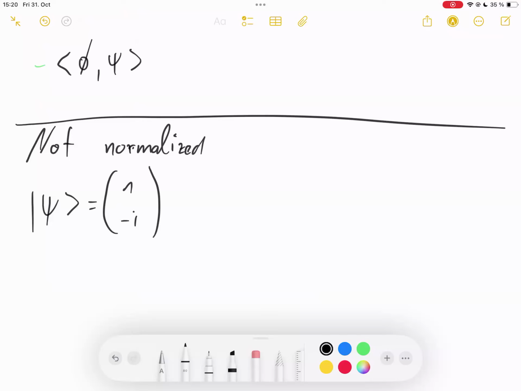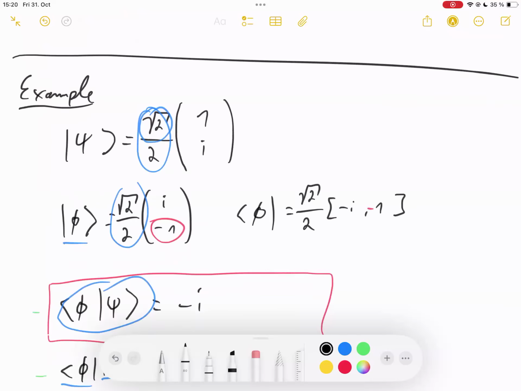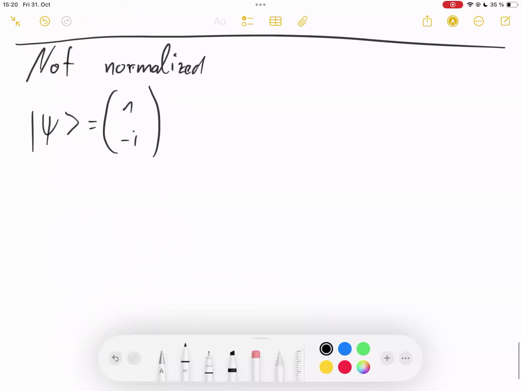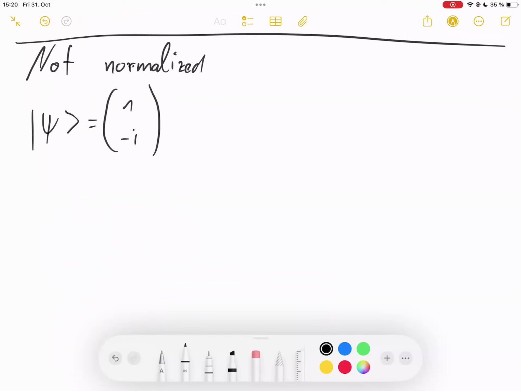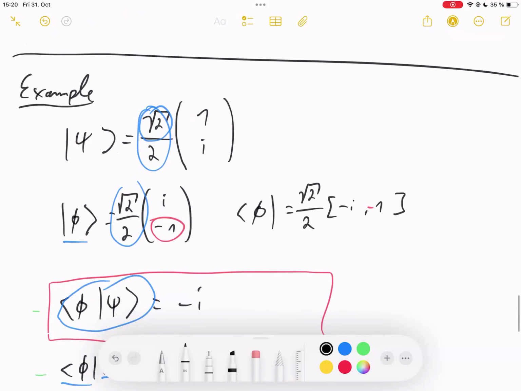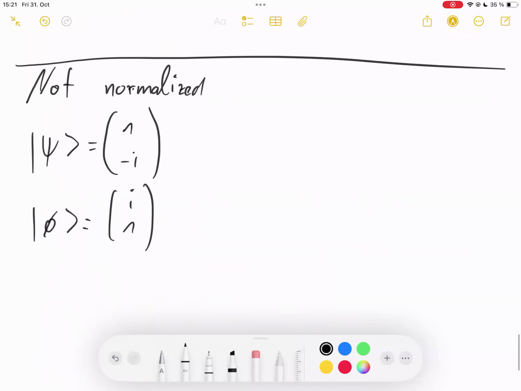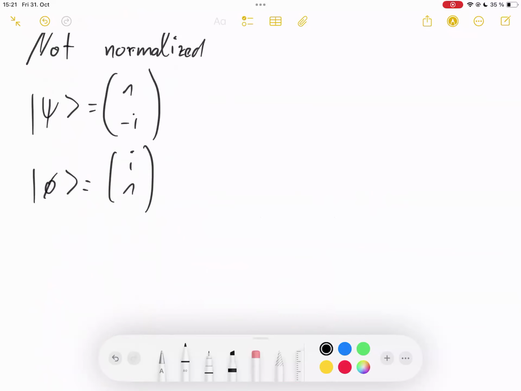And yeah, we just use the example from the slides, slightly different to this one here, but eventually, it doesn't make a huge difference. So we use the psi ket and the phi ket, and this one here would be I and 1. So before this was 1 and I and -1. This time it's 1 and -I and I -1.